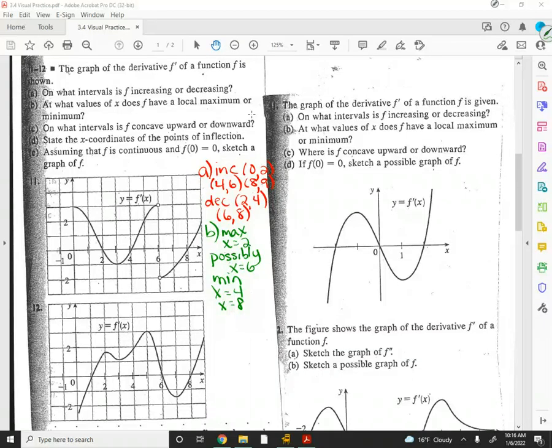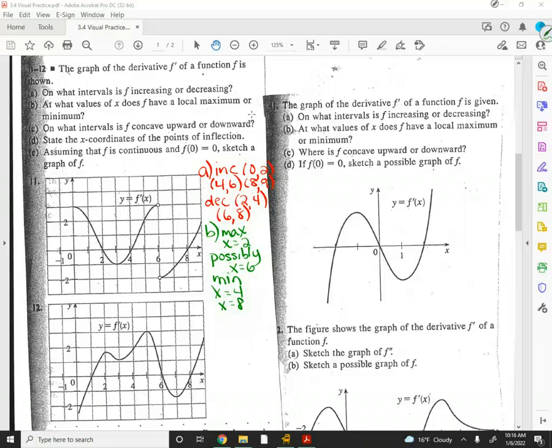Now for the concavity. Concavity deals with the second derivative, and we have the first derivative. Do you remember that thing where I said that the first derivative test always tells you something about one thing backwards? Here's what we know.